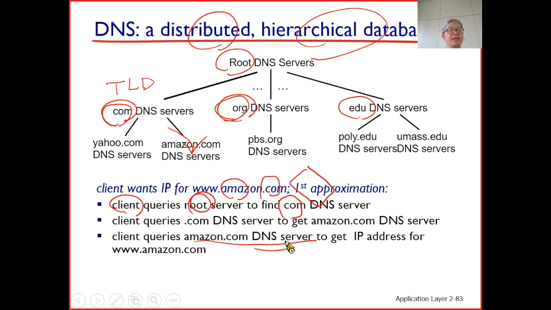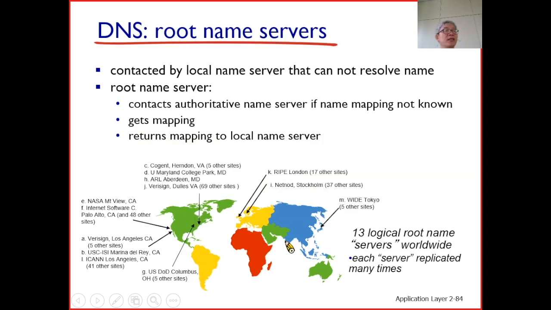All right, so this is the first image, the first approximation. Why do we call it the first approximation? In particular, it's an approximation because a structure like this is not exact; it should be like the following structure. But before we talk about that, we already know the root name server. How many root name servers are there?